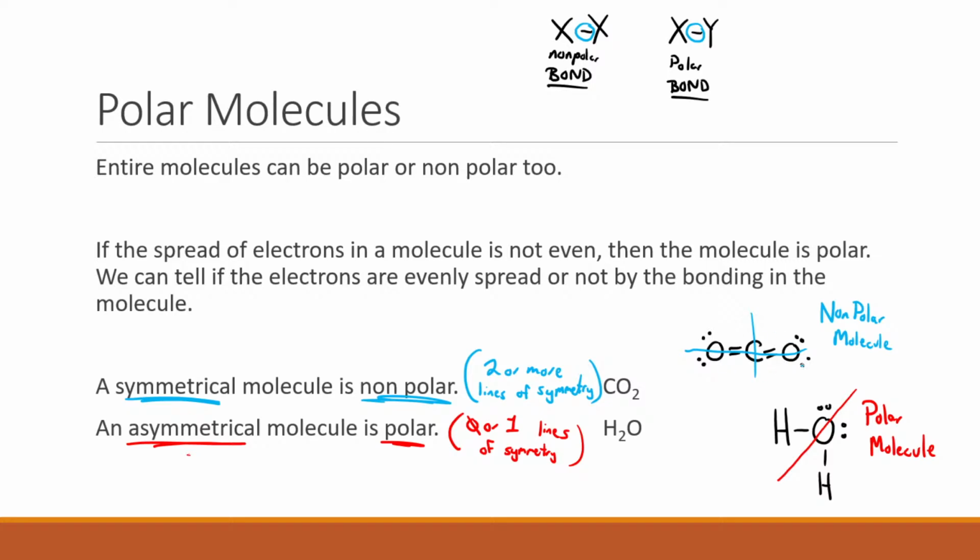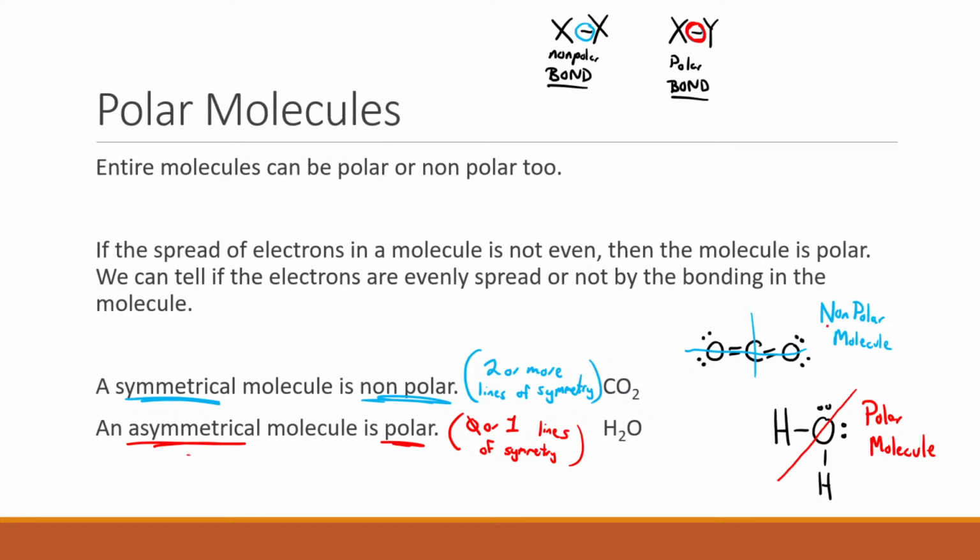These electrons are all shared equally. These electrons are not shared equally. These electrons are shared equally. These electrons are not shared equally. Just for consistency's sake, let's make that red.